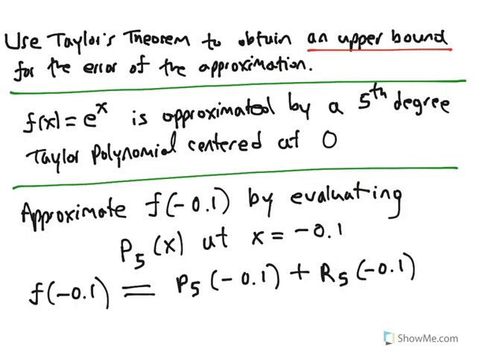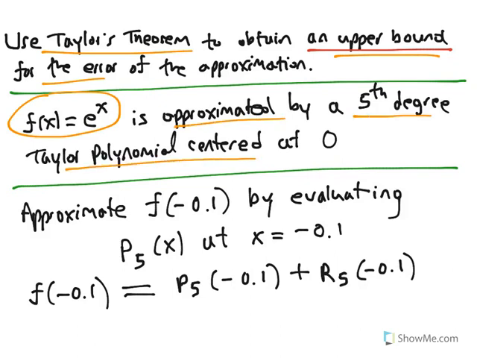So now we look at our first concrete example, and these are the instructions. Use Taylor's theorem to obtain an upper bound, which is what we just talked about, an upper bound for the error of the approximation. So we have our function f of x is equal to e to the x. It is approximated by a fifth degree Taylor polynomial centered at 0. And the problem is this.